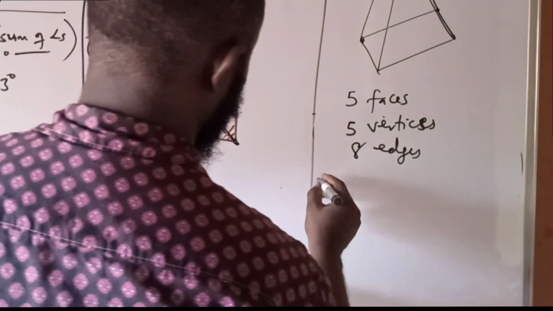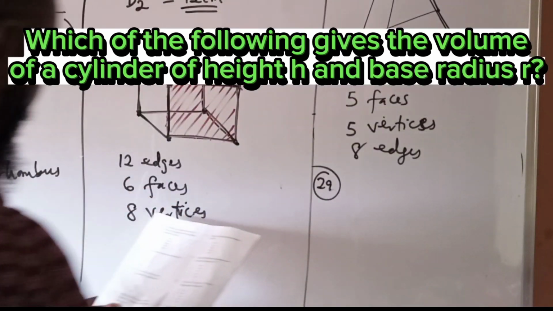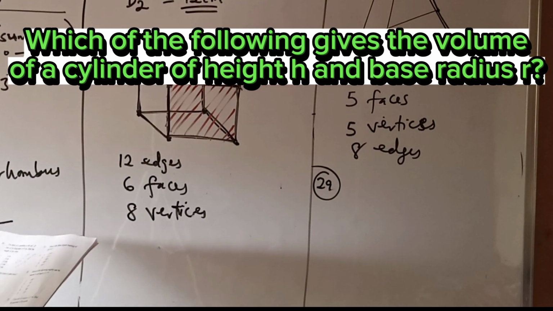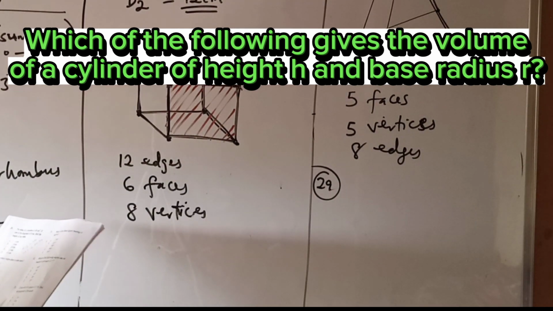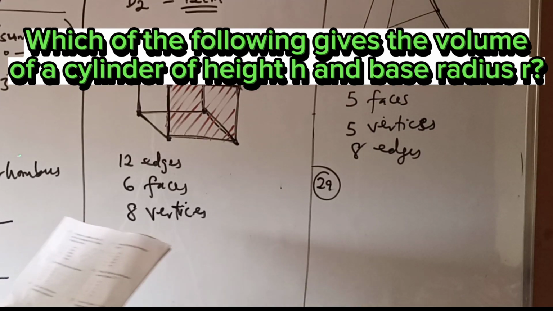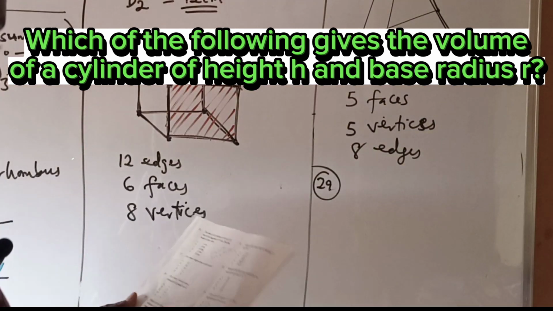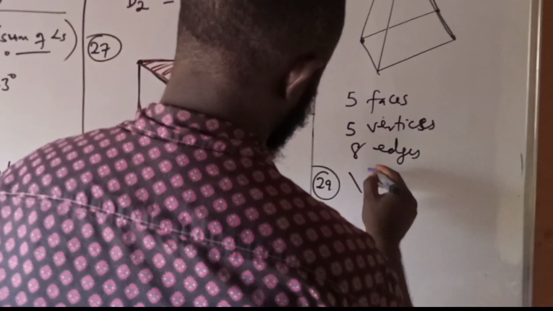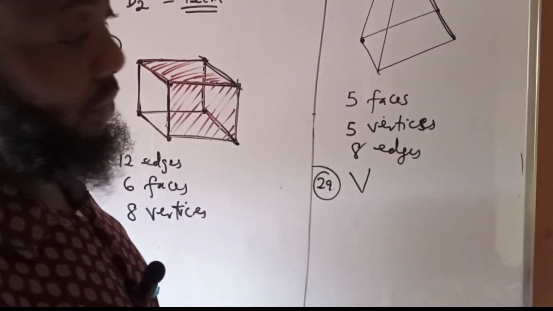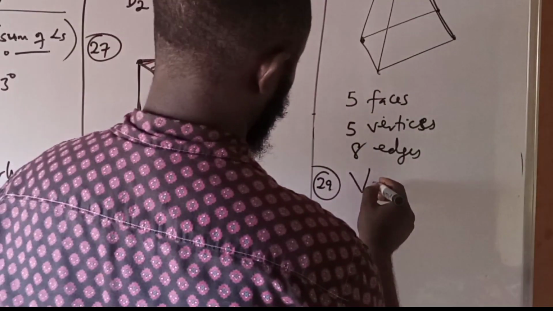For question number 29. Which of the following gives the volume of a cylinder of height h and base radius r? So the question is just asking us to write the volume of a cylinder.